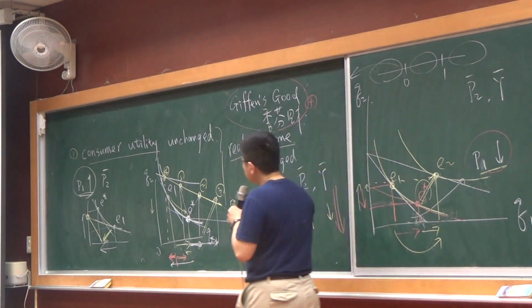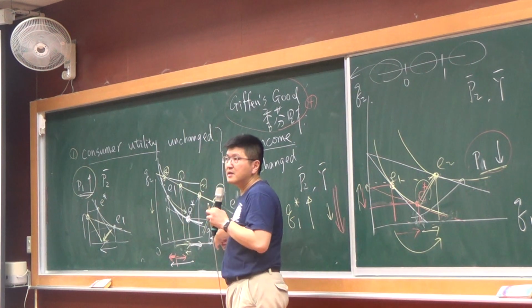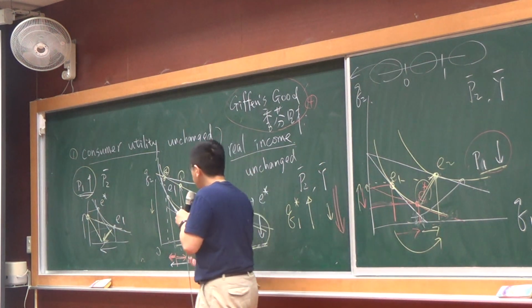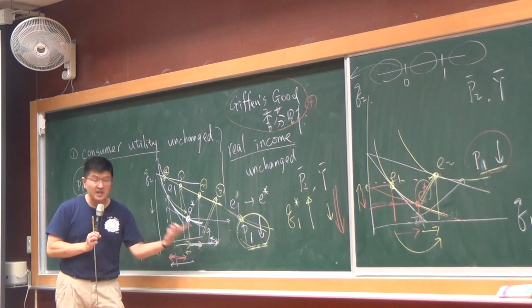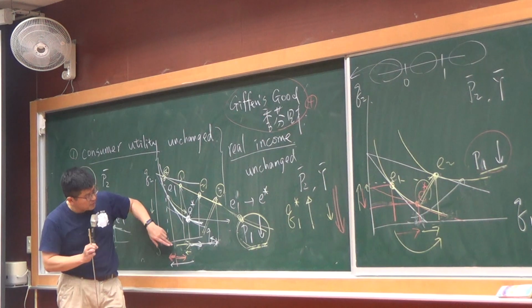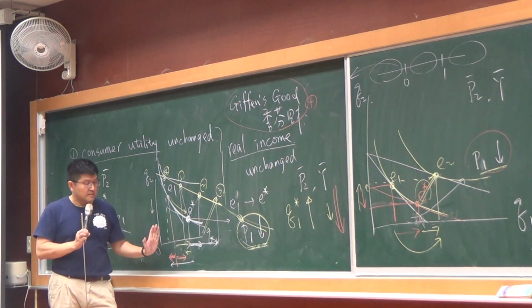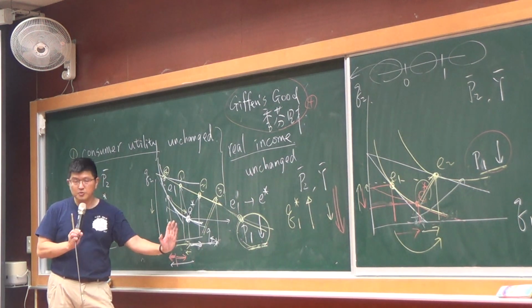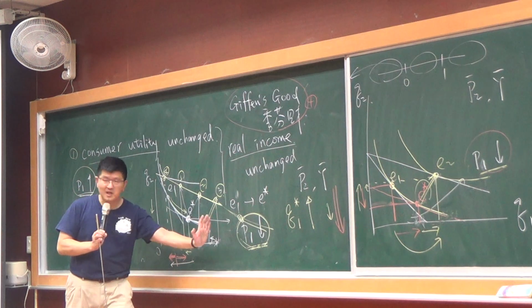So the price effect will be composed by these two parts, right? It's the sum of the substitution effect and income effect. So normally we will go in this direction due to the substitution effect and further a normal good income effect.